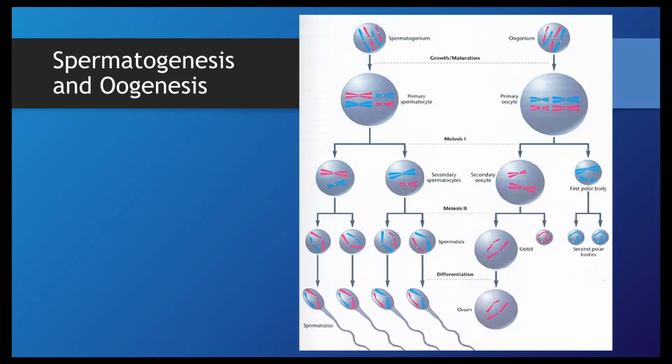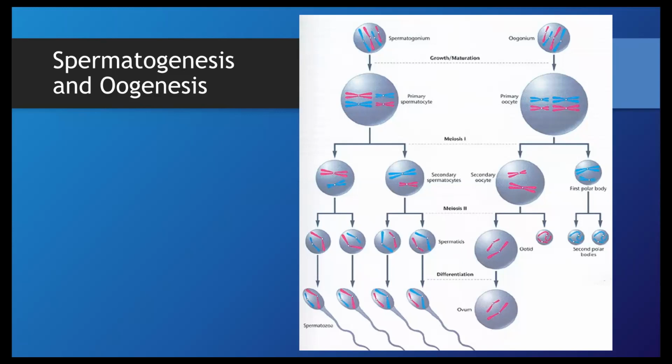In meiosis 1, we are creating 2 daughter cells: the secondary oocyte, and the second one is the polar body. But in meiosis 2, we are creating 4: 1 oocyte or ovum or egg, and 3 polar bodies.